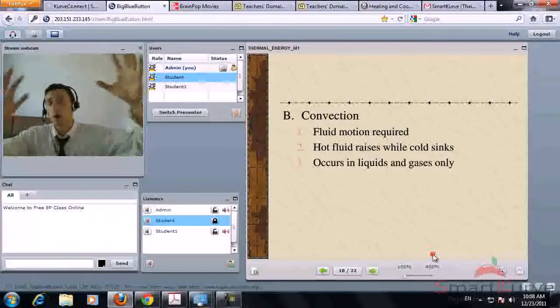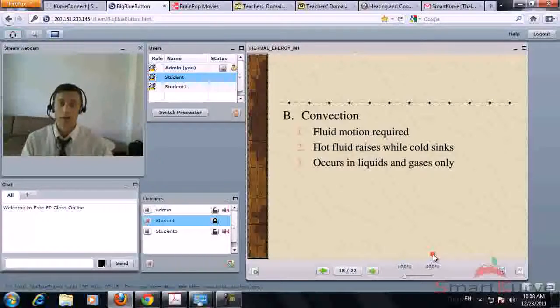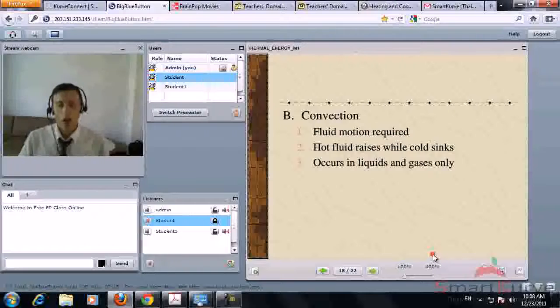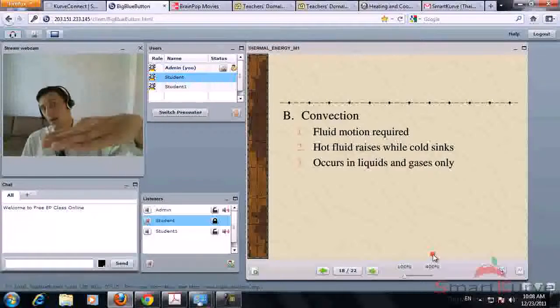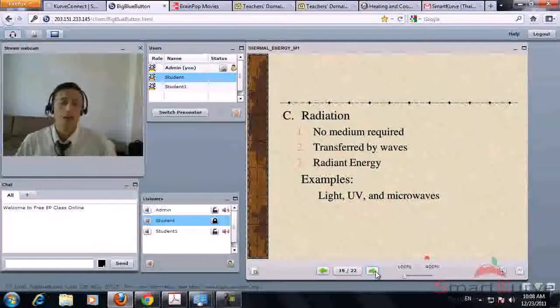They move slower. They're closer together. They're heavier. They fall. And again, hotter, colder, hotter, colder. Always moving around and around. Convection. That's when you place your hand over the flame and your hand feels very, very hot. That's transfer by convection.